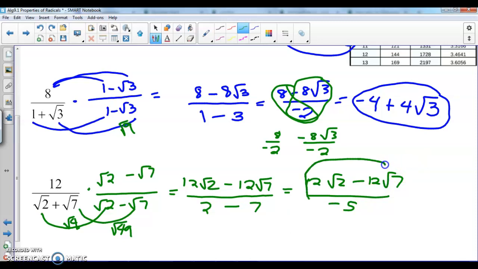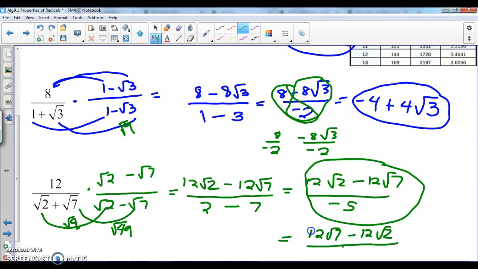Yep. So another way to write it is, if you want to take out the negative from the denominator, that will change the signs of these two. So pretty much you're multiplying the negative of the 5 to 12 and negative 12. So when you rearrange that, this will actually become positive and this will become negative. So you can have 12 radical 7 minus 12 radical 2 over 5.